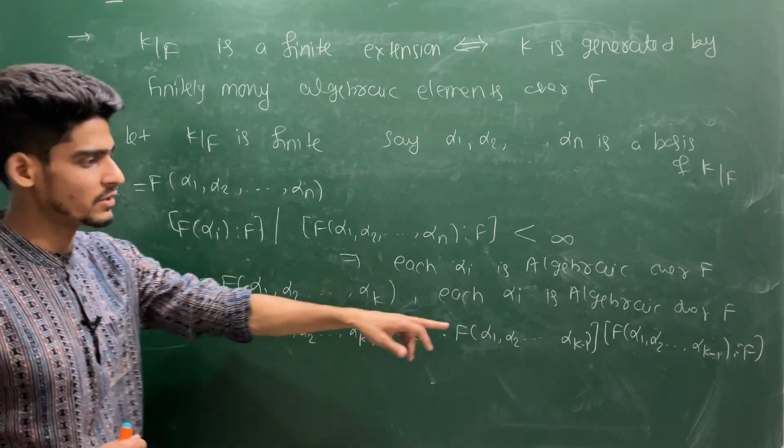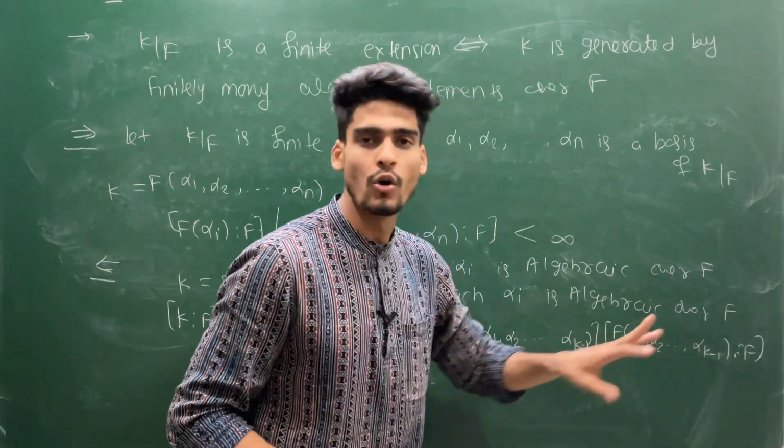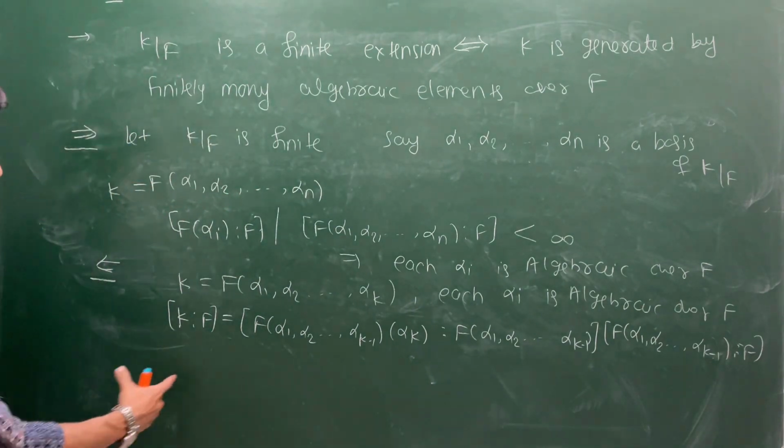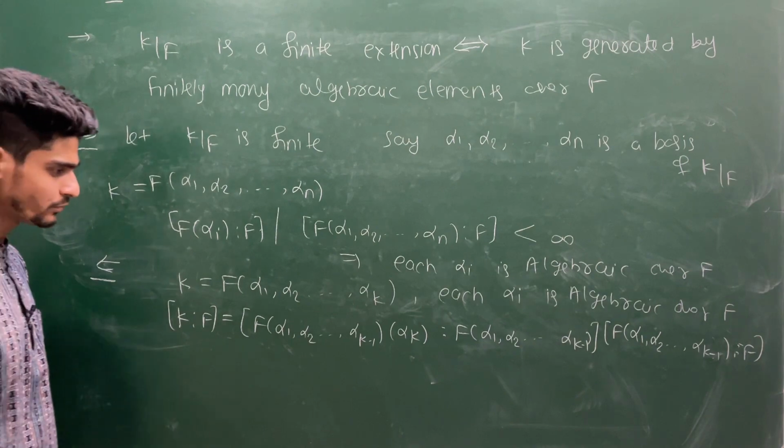Till the end means, at the last step you will have F(alpha 1) over F. So this is just an intuition to give the idea of the proof.